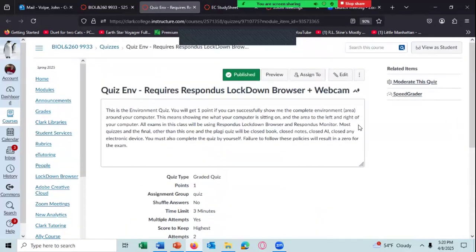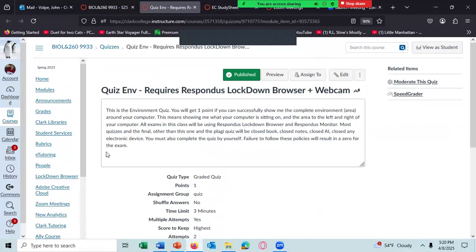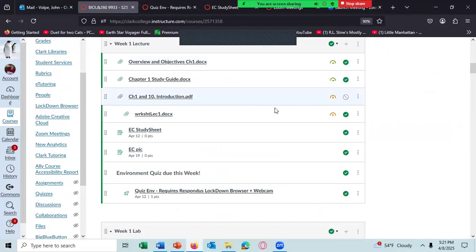Every other term, a student has trouble with Respondus Lockdown Browser. What happens is you need to change a setting on your computer. I've got a link, which I've already discussed.